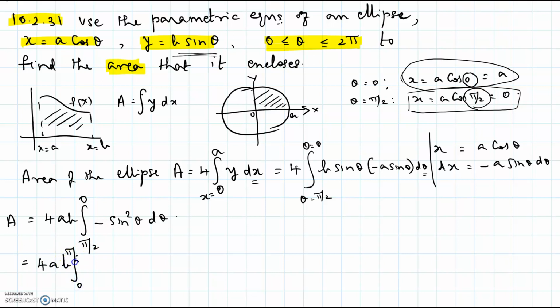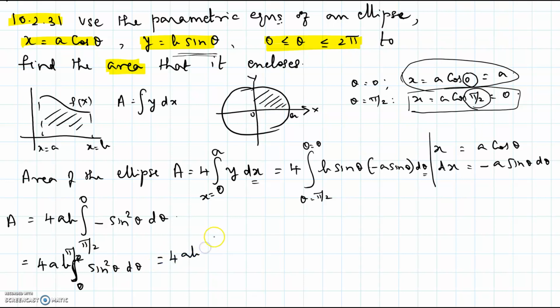Switching the limits introduces a negative sign, and there is already a negative sign, so it becomes positive. So it is the integral from 0 to pi by 2 of sine square theta d theta.